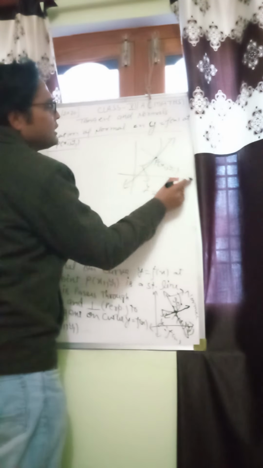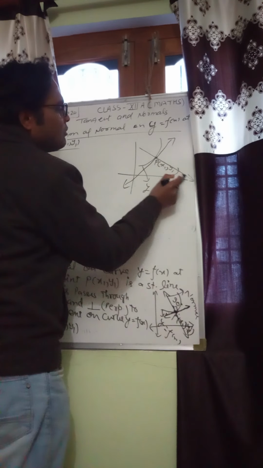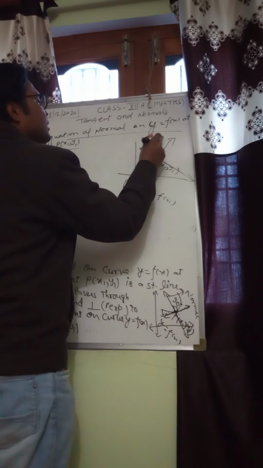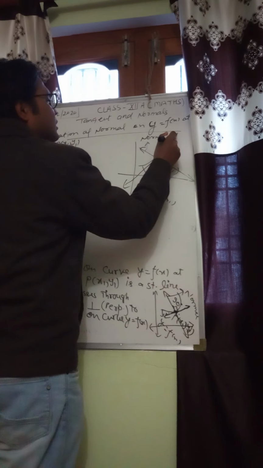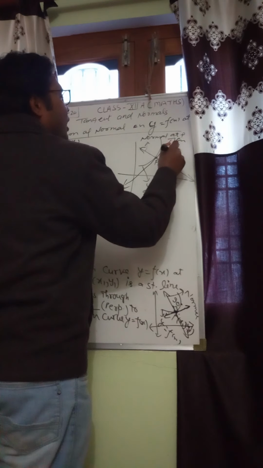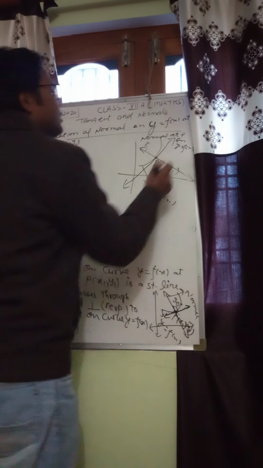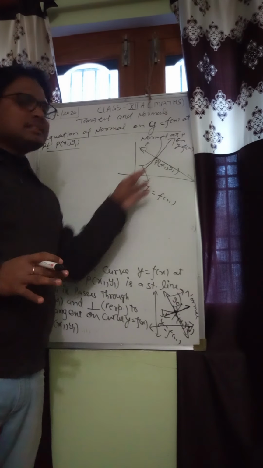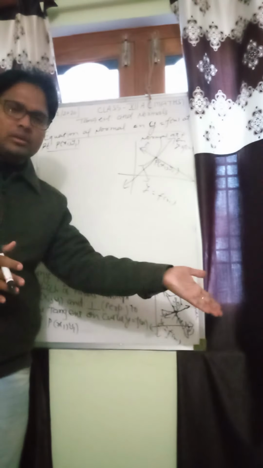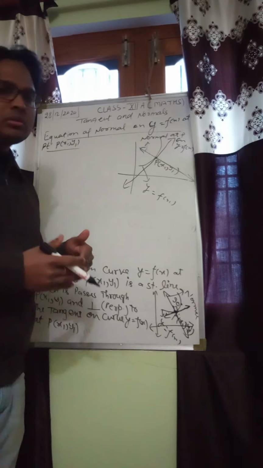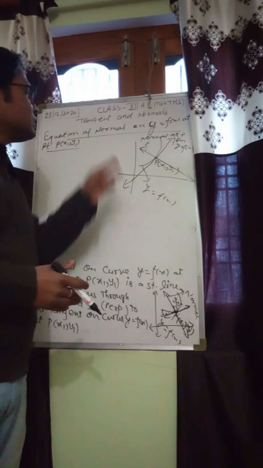Clearly this line will be normal at P on y is equal to f(x), this curve. So clearly we can easily find out the slope of this tangent, and if a line is perpendicular to a given line whose slope is given, we can also easily find out the slope of that normal.